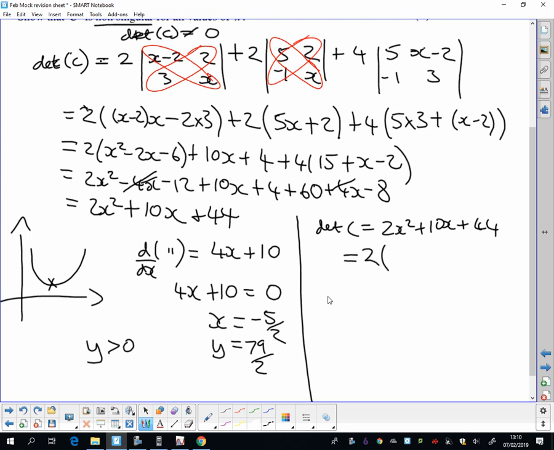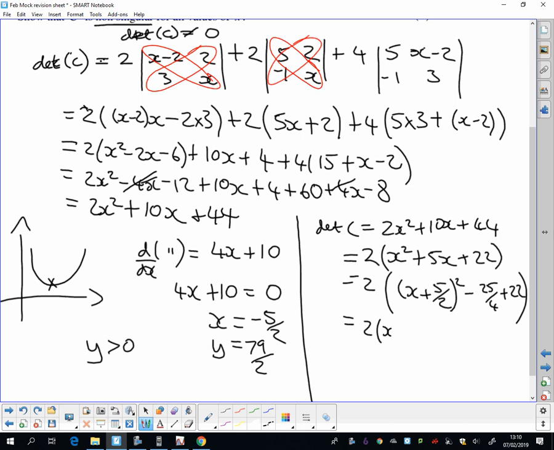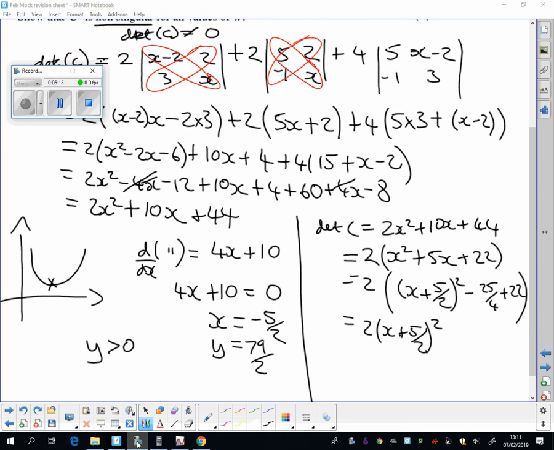So that's 2 lots of x squared plus... Okay, so that's plus 63 over 2, which does mean, having skipped ahead on this one and used the answer that we had in the mark scheme originally, that's actually wrong. That should be 63 over 2, but that's still bigger than 0.